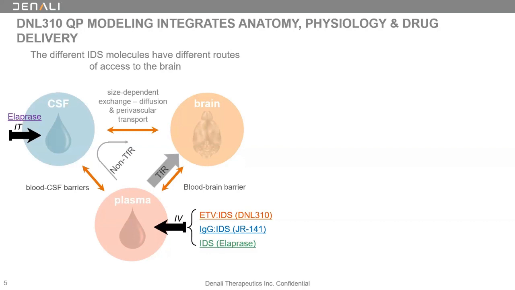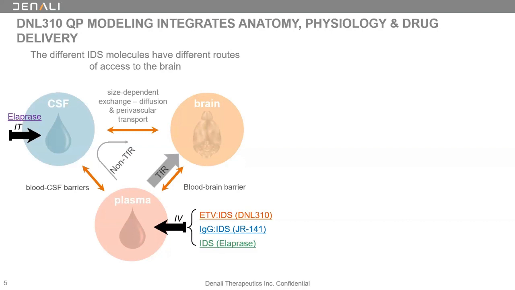And we have TFR mediated mechanisms, which are utilized by the ETV IDS molecule to cross the blood-brain barrier, to have transport across that blood-brain barrier and have more uniform distribution across the entire volume of the brain.